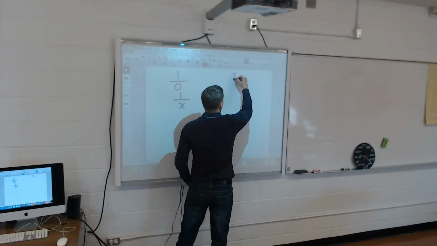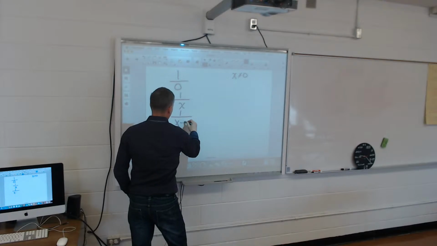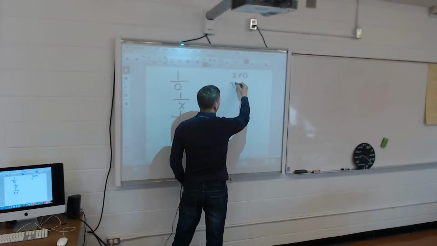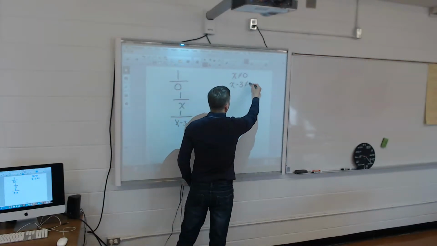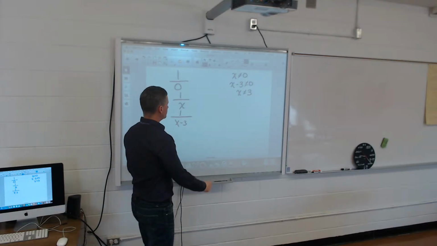So in this case, x can't equal 0. And x minus 3 can't equal 0, therefore x cannot equal 3, because if I go 3 subtract 3, I would get 0.